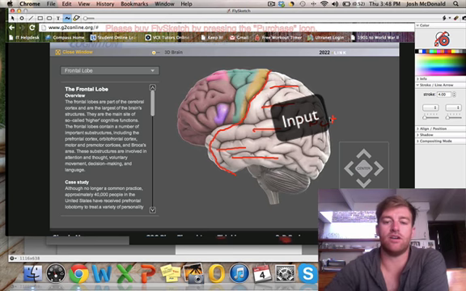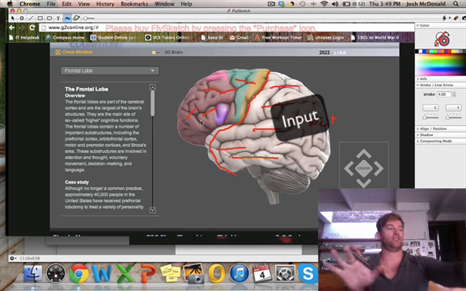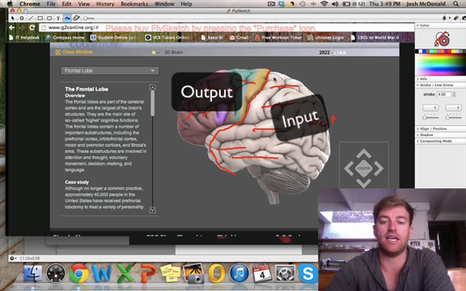Everything on this side of the line, all this stuff, that's output. So that's everything that goes out, everything you can see moving in and out. Everything that comes in, like your senses and your hearing and your touch, and all of those things, they happen in this area here. Okay?